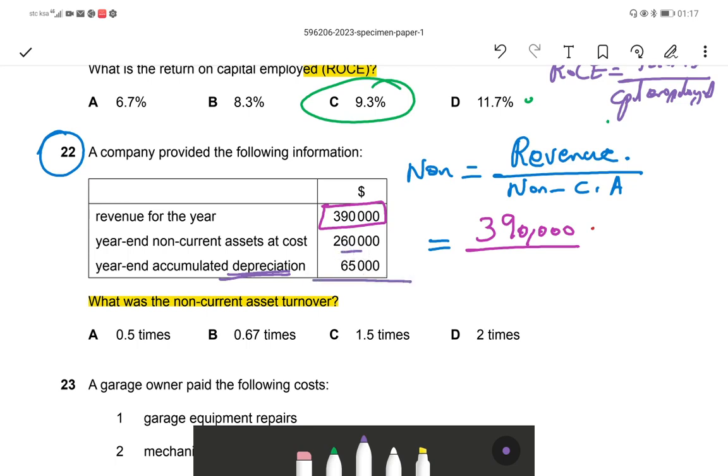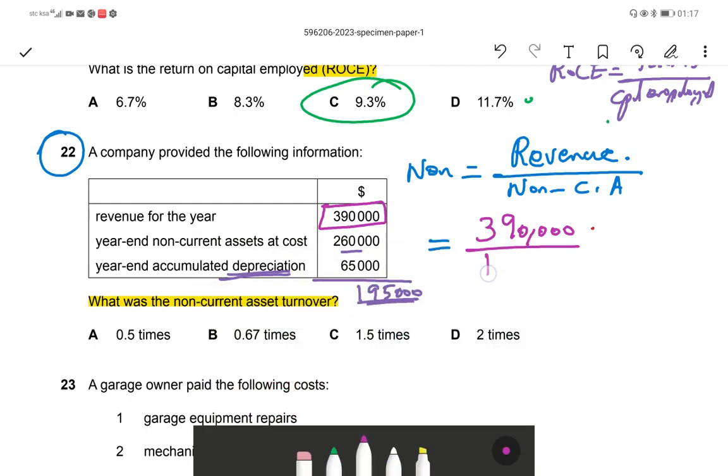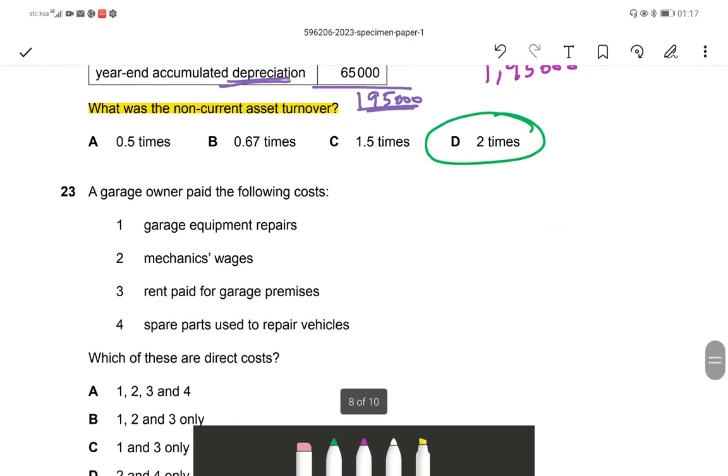So 260 minus 65 is 195,000. So 390,000 divided by 195,000 is equal to 2. So the correct answer is option D.